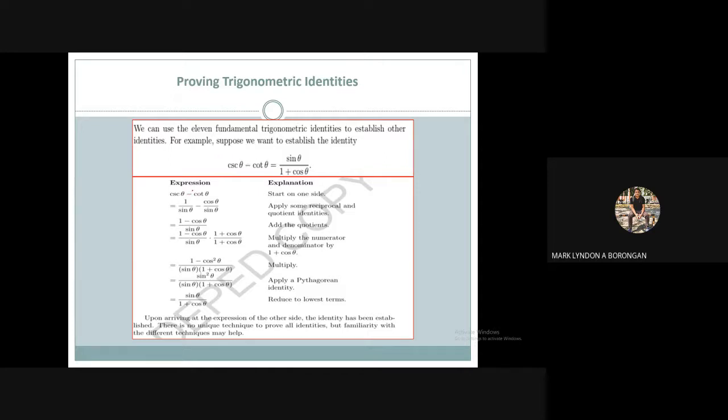So this left side is cosecant of theta minus cotangent of theta. We break it down. Cosecant of theta is just equal to 1 over sine of theta, minus cotangent, which is just equal to cosine of theta over sine of theta.